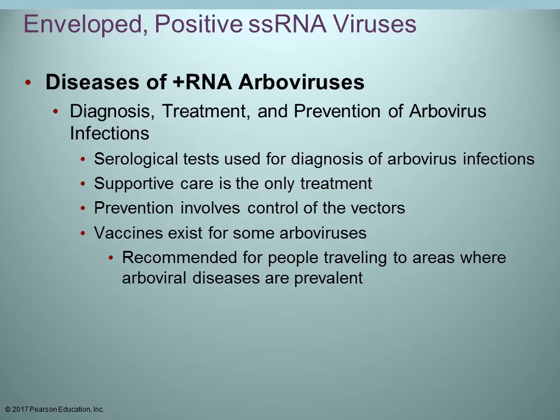There are vaccines for some, but obviously not all of these. Some of the vaccines will be recommended to people who are traveling to an area where you know that these diseases are prevalent. Why? Because the virus is there, it's endemic.